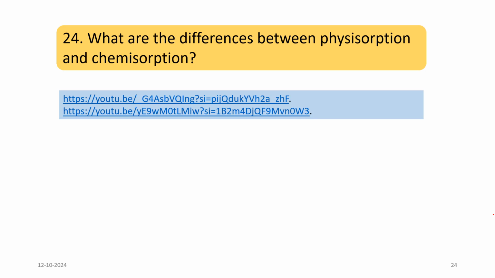Physisorption happens when intermolecular attractive forces between molecules of the solid adsorbent and the gas are greater than those between molecules of the gas itself, right? In chemisorption, it forms chemical bonds like this. So we'll see the video.